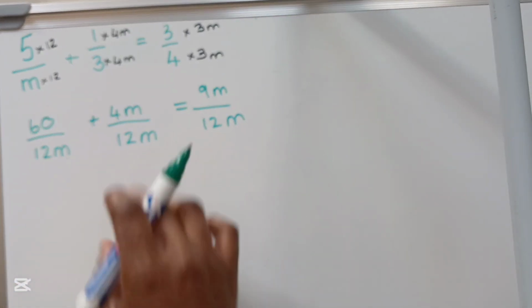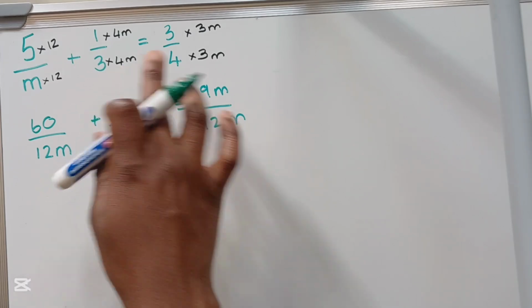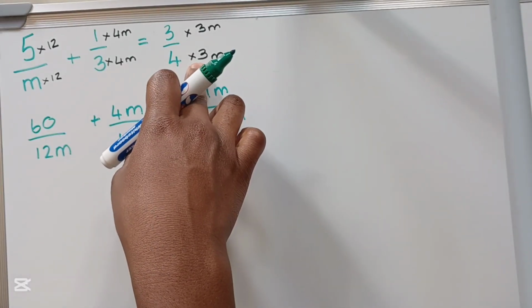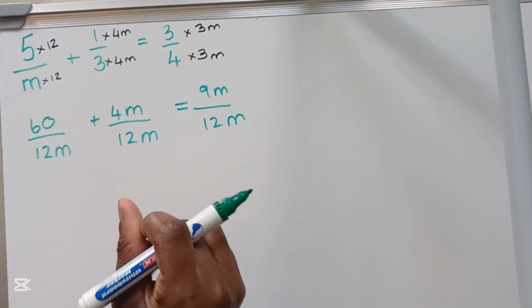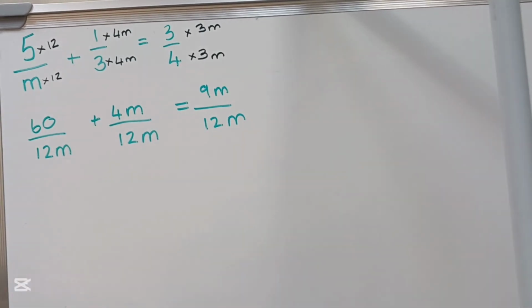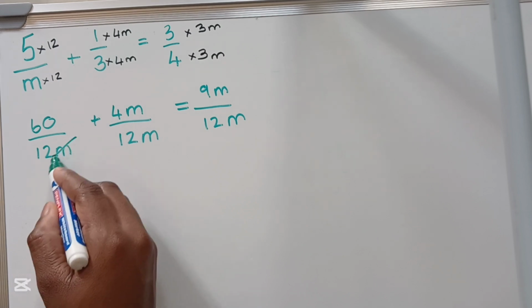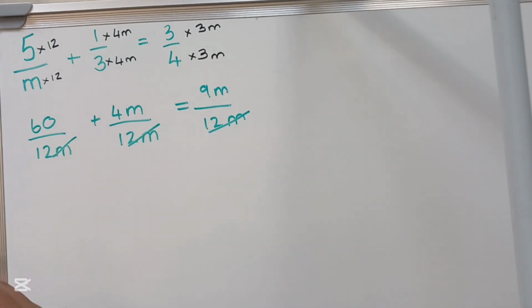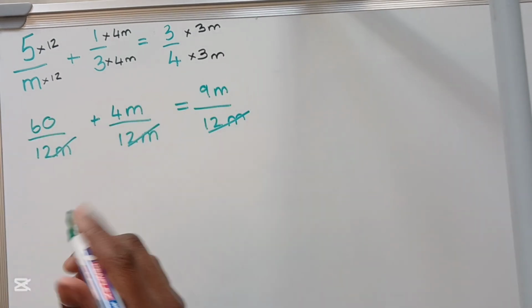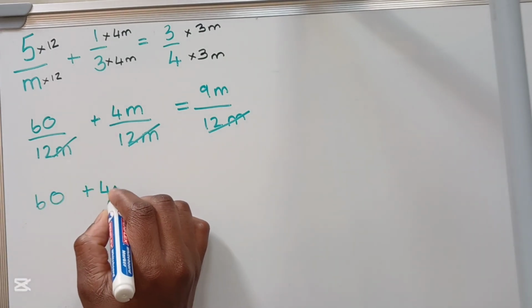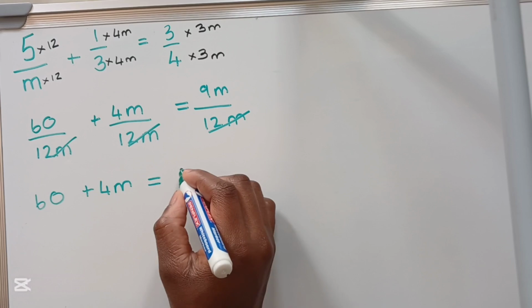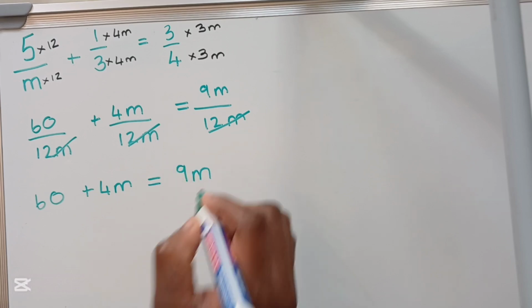If we had multiplied this with just 4 and this with just 3, we'll just be getting 12 and 12 without the m. But the aim is to make sure that our denominators are the same, which we just did over here. Now we cancel out the denominators because they are the same, and the numerators come down as they are. 60 plus 4m equals to 9m.